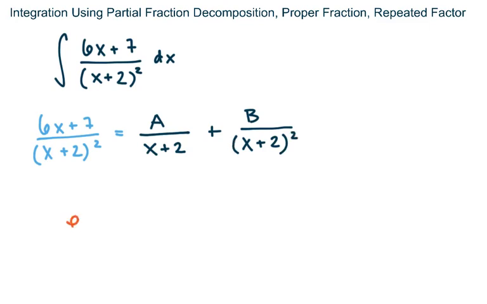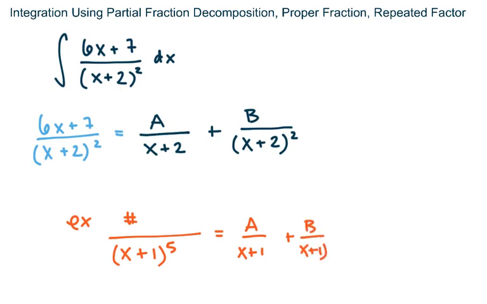So for example, just to clarify, if I'd had something over x plus 1 to the 5th, if I wanted to write that out to do my partial fraction decomposition, I'd have A over x plus 1 plus B over x plus 1 squared plus C over x plus 1 cubed plus D over x plus 1 to the 4th, and then plus E over x plus 1.